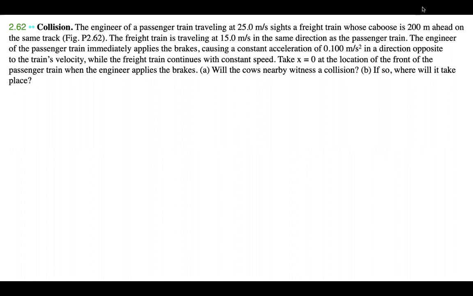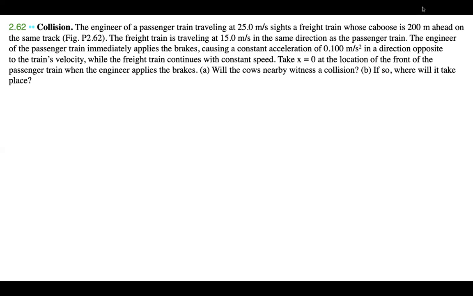The engineer of a passenger train traveling at 25 meters per second sights a freight train whose caboose is 200 meters ahead on the same track. Figure 2.P2.62. The freight train is traveling at 15 meters per second in the same direction as the passenger train.